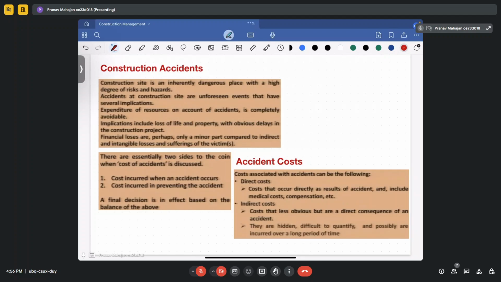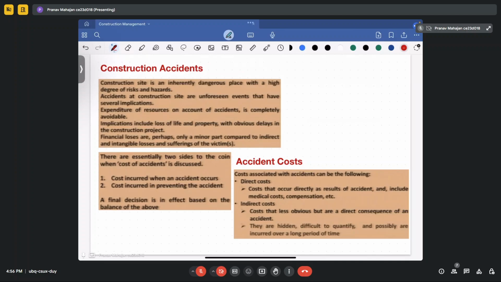So a construction site is inherently a dangerous place, with high risk of hazards that may occur at that particular site. Accidents at construction sites are unforeseen events that have several implications.